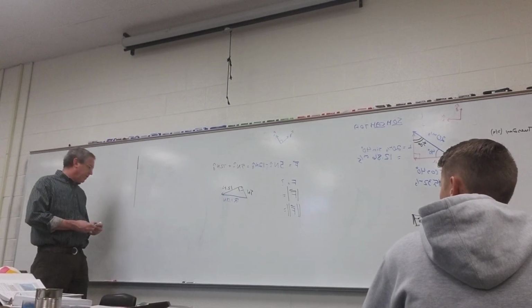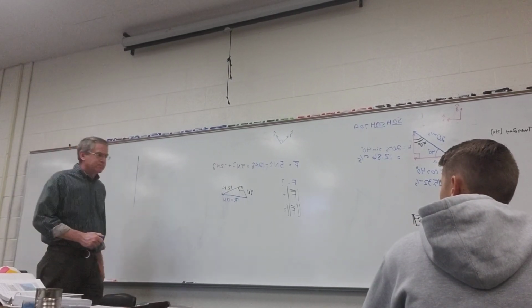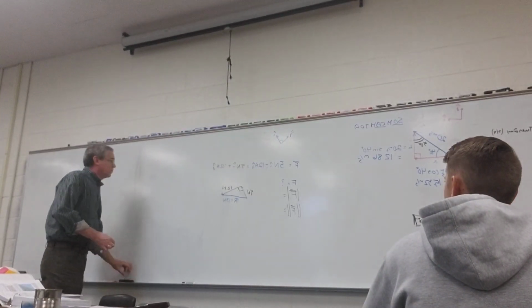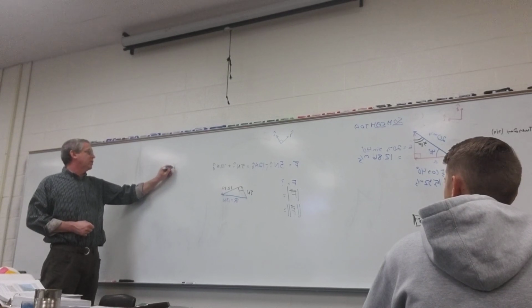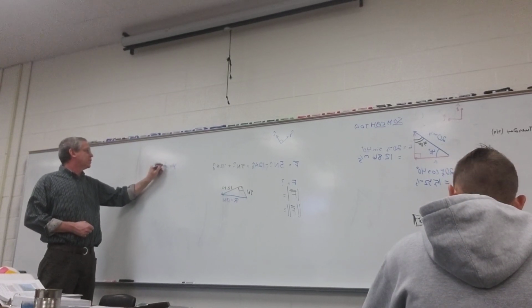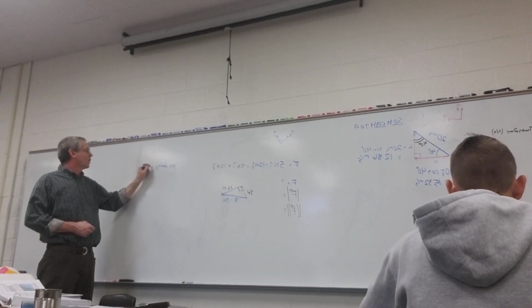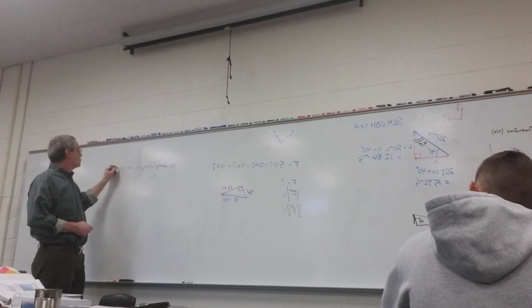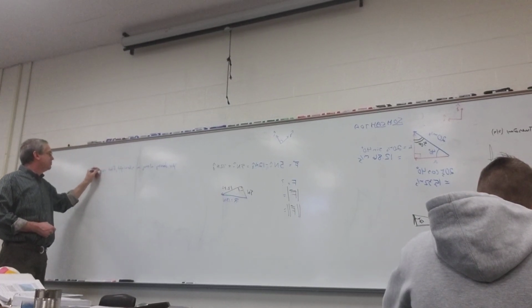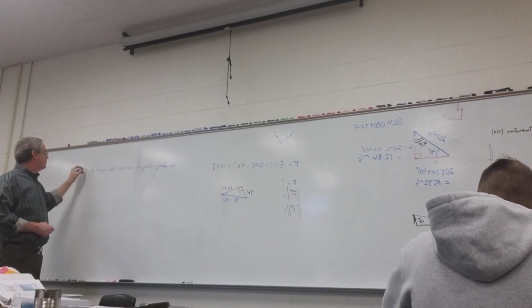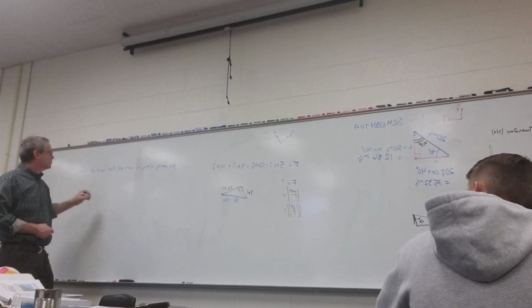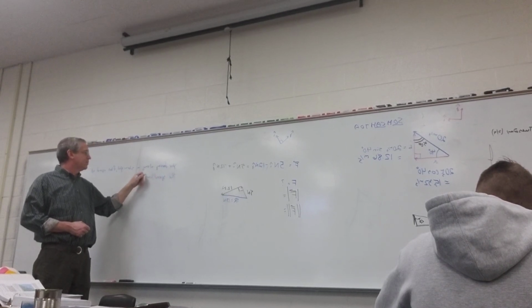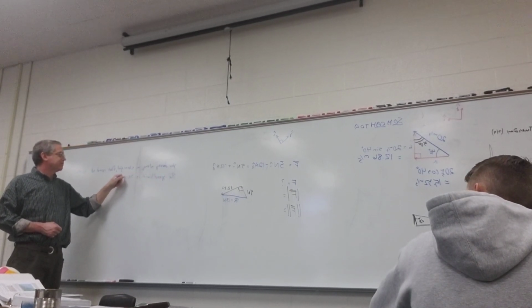All right, so let's see if we can apply this. So you're cruising on the road. You are driving along a straight, flat road at 40 meters per second. The speed limit is 30 meters per second.